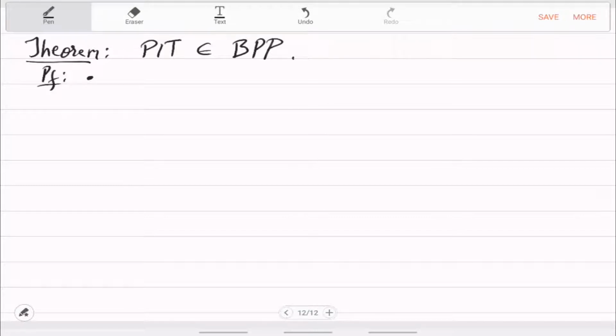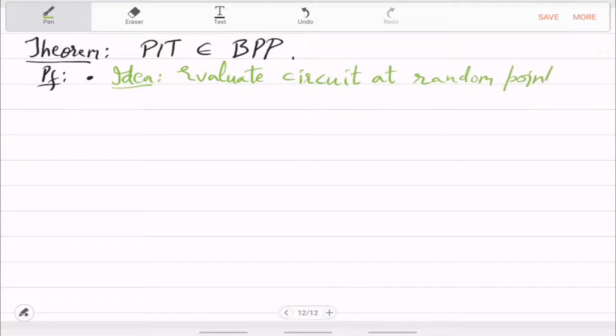So the idea here is to evaluate your circuit at random points. The idea is just evaluation at random places. It's a simple idea. Obviously, if the evaluation comes out to be non-zero, then the circuit is non-zero, the polynomial is non-zero.